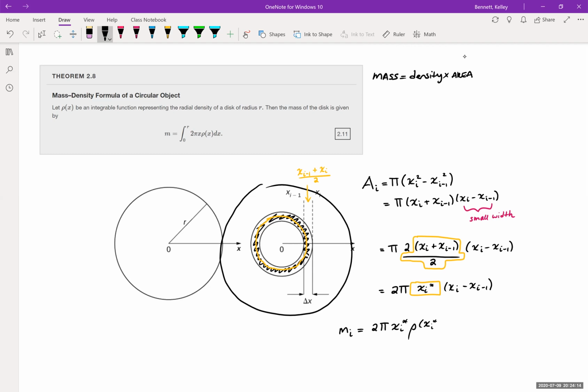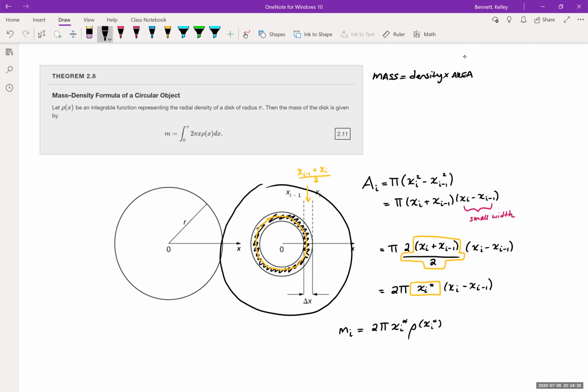Again, x sub i star is some point in the partition, and I'm super not concerned where. And you might be asking, why don't you care where it is? Well, because the partition is going to get so stinking small that there's not going to be a lot of options for us, essentially.